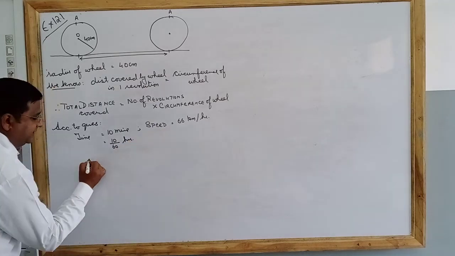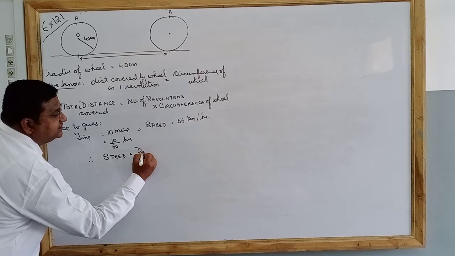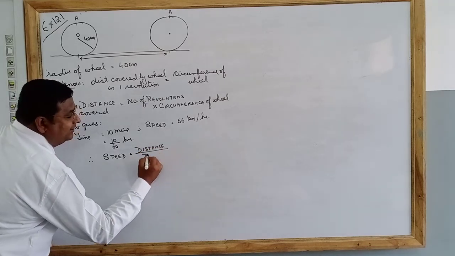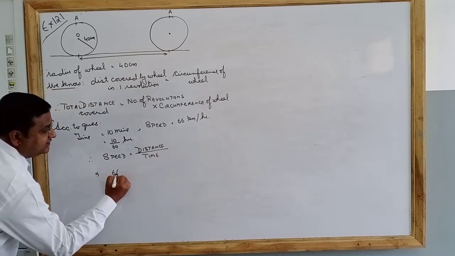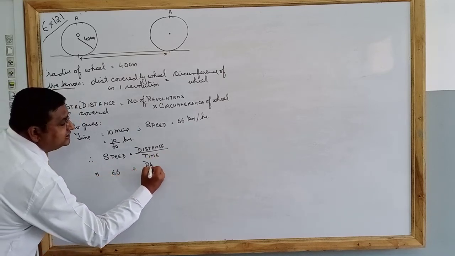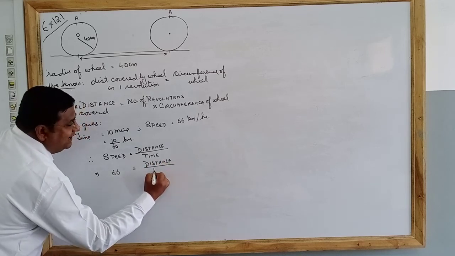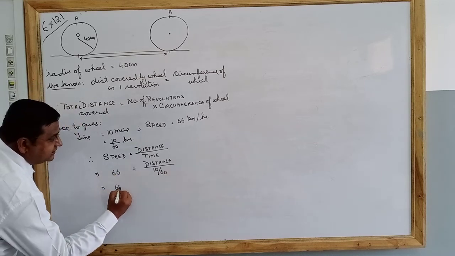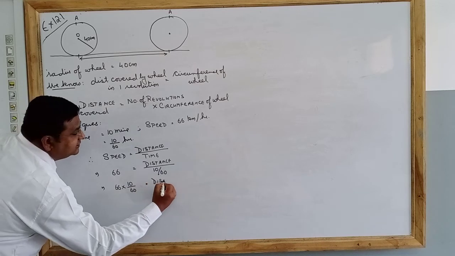Therefore speed is equal to distance upon time. We have the speed 66 kilometers per hour, distance we need to find, and time is given to us as 10 by 60. So cross multiplying, 66 into 10 by 60 is equal to distance.